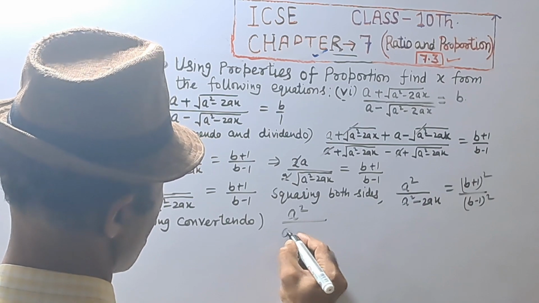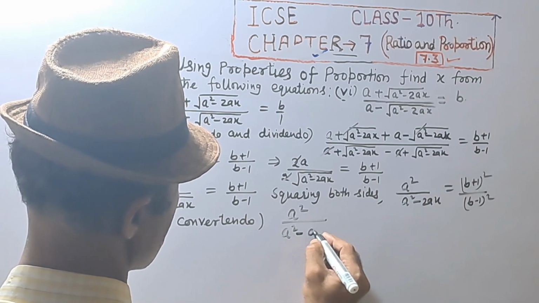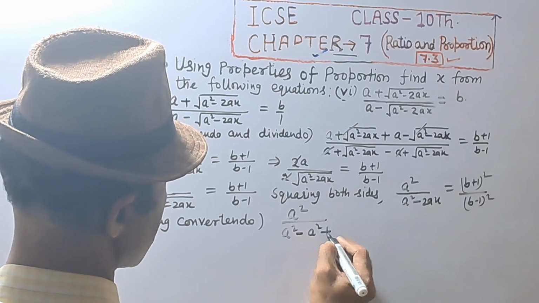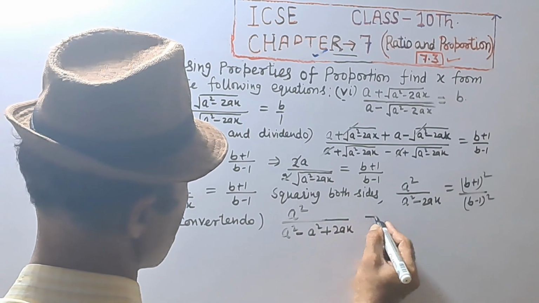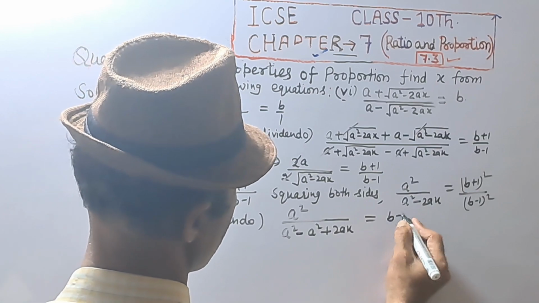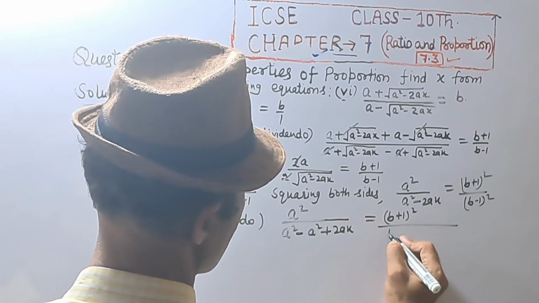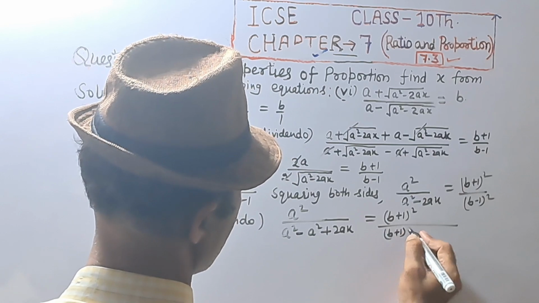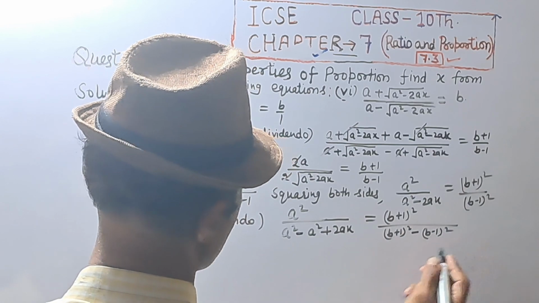a² upon a² − (a² − 2ax), that is a² upon (a² − a² + 2ax), is equal to (b + 1)² upon ((b + 1)² − (b − 1)²).